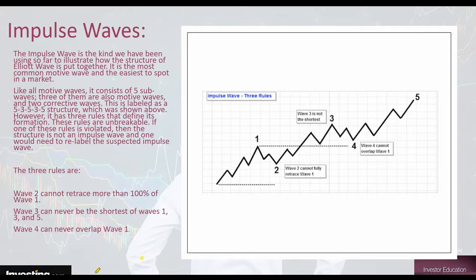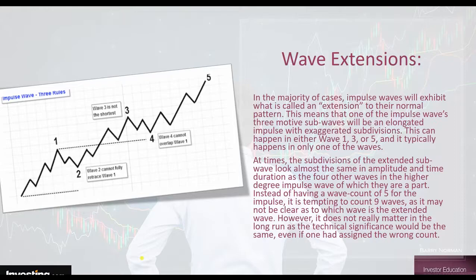So let me go to this slide too, because we have a second wave also. Now we have wave extensions. In the majority of cases, impulse waves will exhibit what is called an extension to their normal pattern. This means that one of the impulse waves' 3 motive subwaves will be an elongated impulse with exaggerated subdivisions.